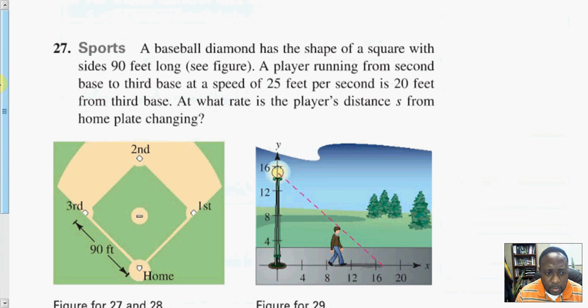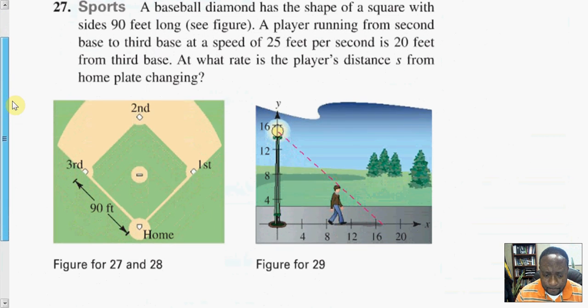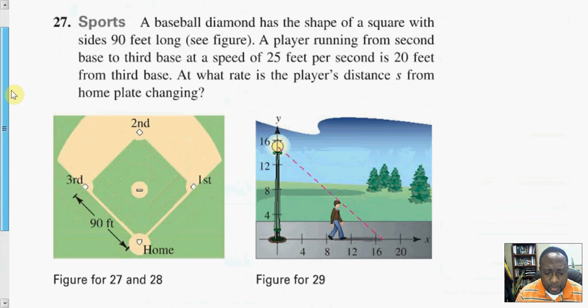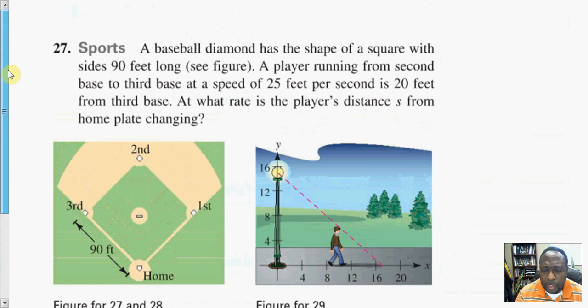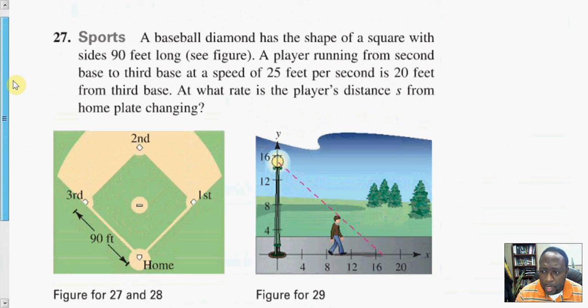Let's play some baseball. I will conclude with this problem, number 27. A baseball diamond has a shape of a square with sides 90 feet long. A player running from second base to third base at a speed of 25 feet per second is 20 feet from third base.